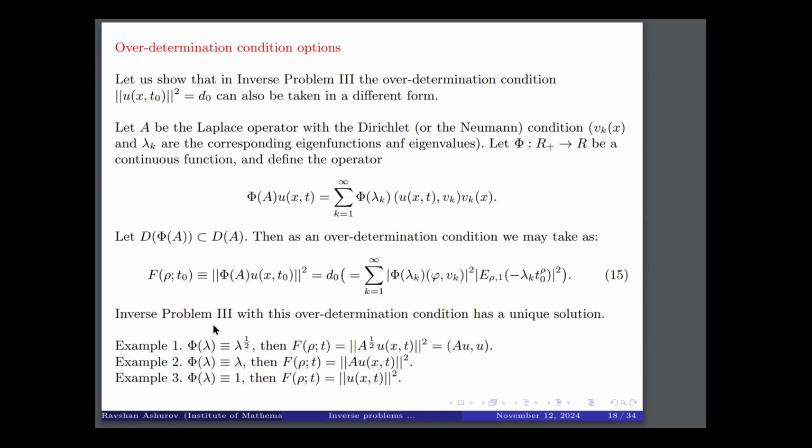For example, if you take this function square root of lambda, then f will have this form, and this is the full energy of the system. You can calculate it easily as an overdetermination condition. And if f is lambda, then you have the norm of operator A, and this last case we considered above.